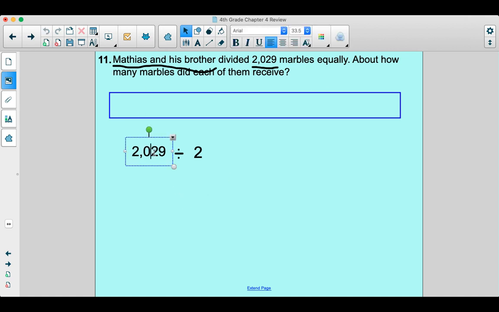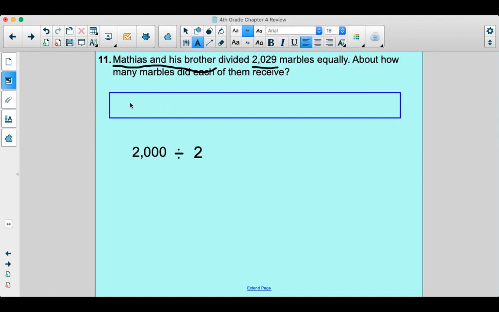So now we're just going to round it. I'm going to make that into 2,000, and 2,000 divided by 2 would be 1,000. So this is, remember, about how many marbles. So each boy received about 1,000 marbles. I want to know what you're going to do with 1,000 marbles. You must be a collector at that point.